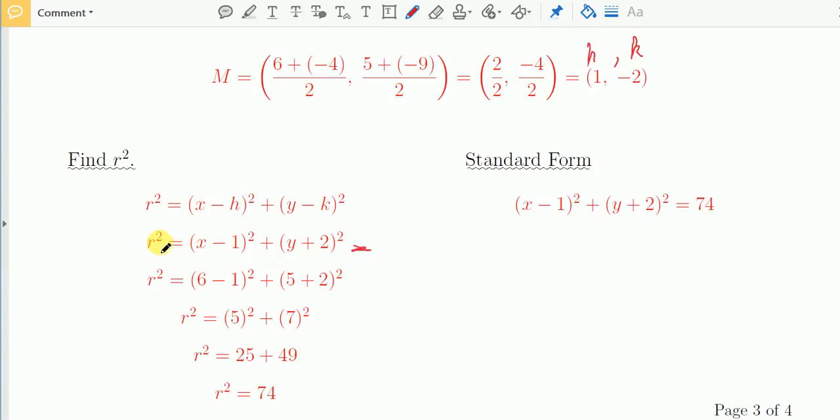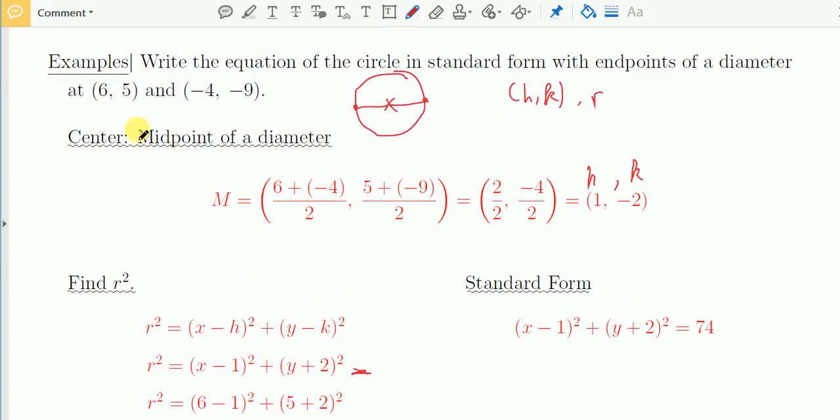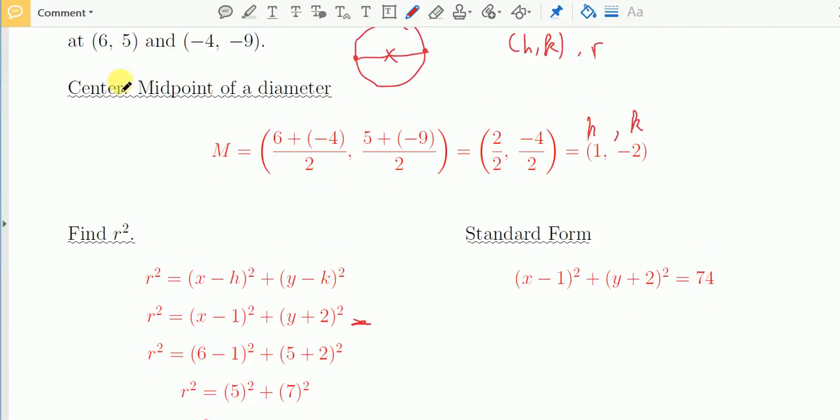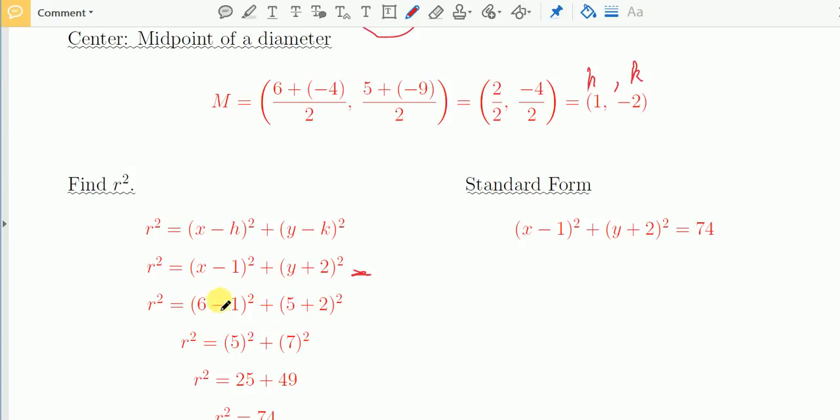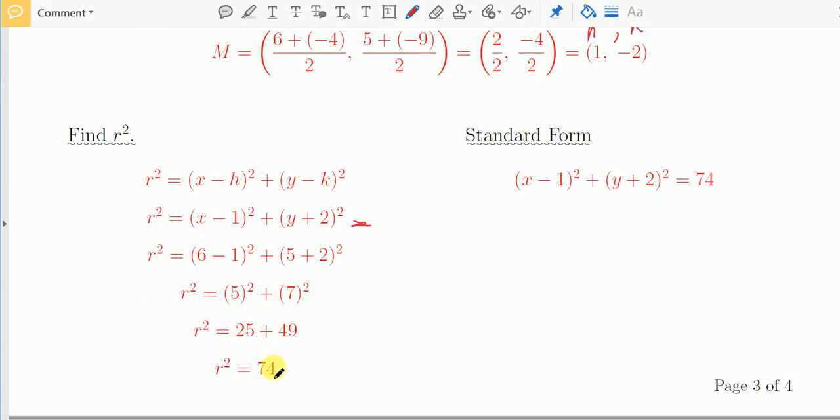So in order to find the r, or the radius, we need to solve for that. And you can solve for r by just using one of these 2 points. It's very easy. So let's just pick the first point, 6 and 5. 6 represents x, 5 represents y, the x, y coordinates. So you plug in here. On the right hand side, we solve for that to be 74.